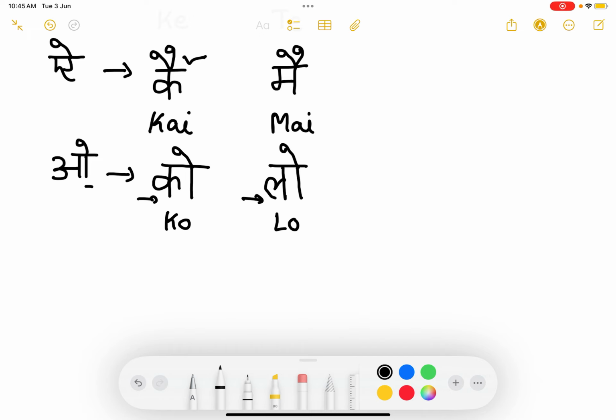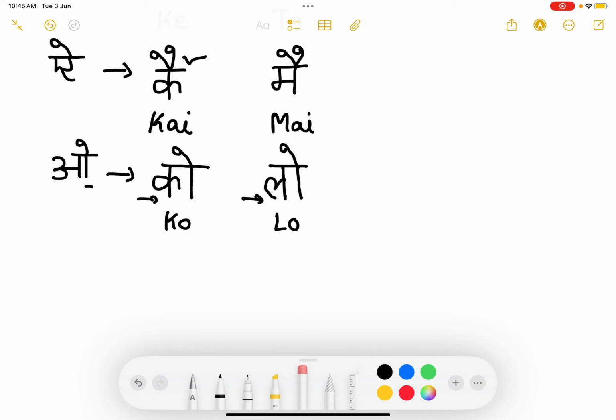It is dropped because the vowel sound is combining with the letter. So we do not pronounce this combination as k-o or l-o. No, we don't pronounce it like that. Instead, the pronunciation is ko, lo.